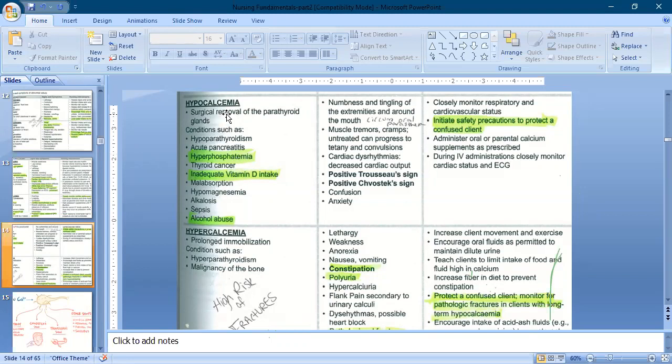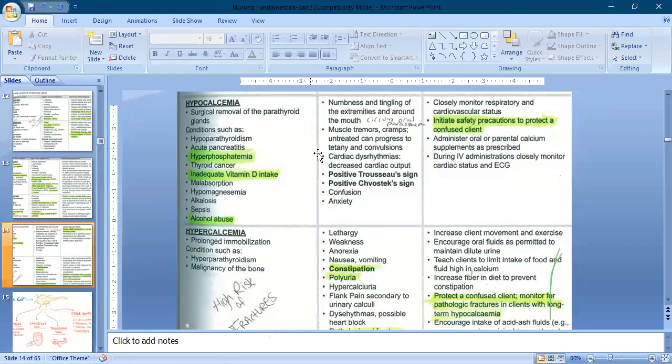So surgical removal of a parathyroid gland, or hypoparathyroidism, or hyperphosphatemia, or acute pancreatitis, or alcohol abuse can also cause hypocalcemia. If your patient has hypocalcemia, what are the symptoms?